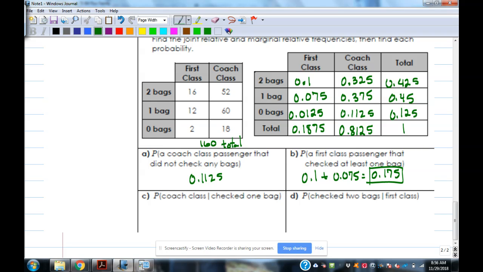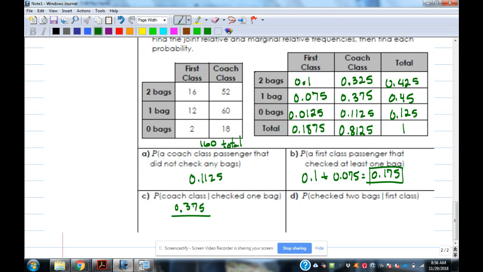C part says coach class given that they checked 1 bag. A coach class passenger, given that they checked one bag. 0.375 is the probability of a coach class passenger, right? Given that they checked one bag, what's the probability of picking one bag?